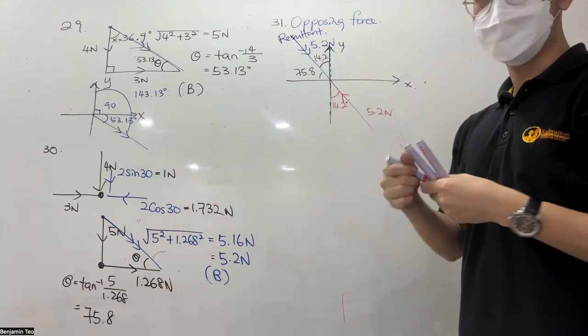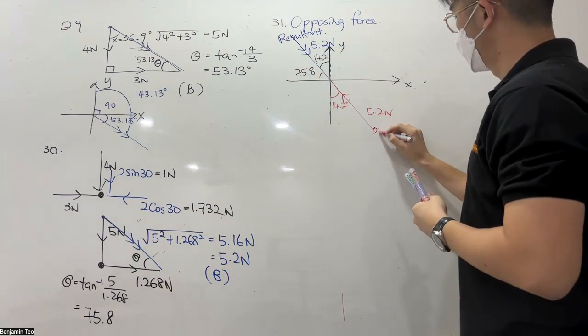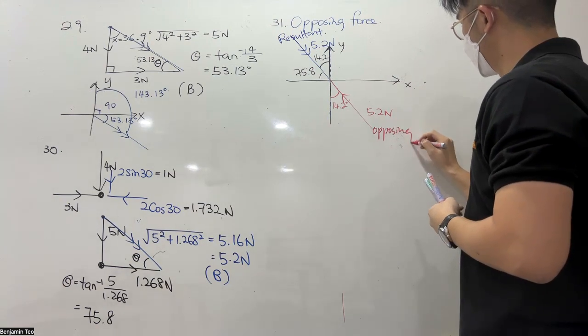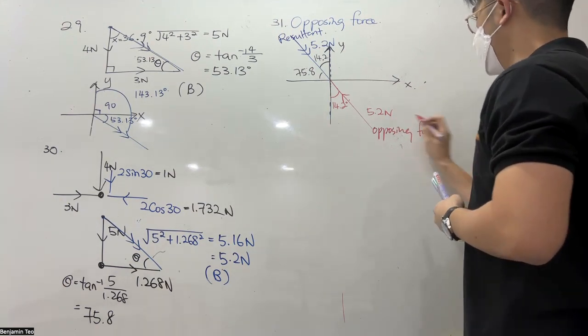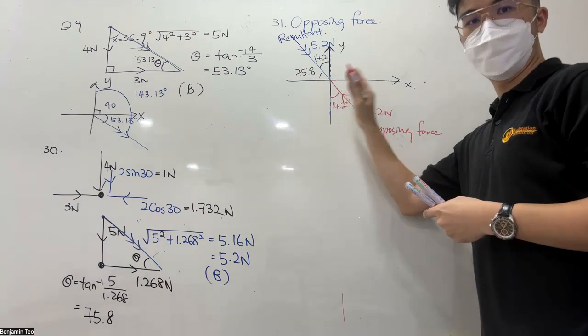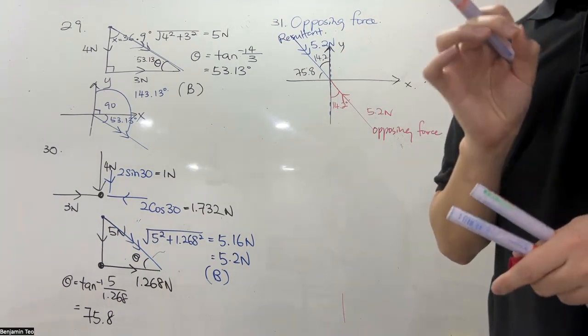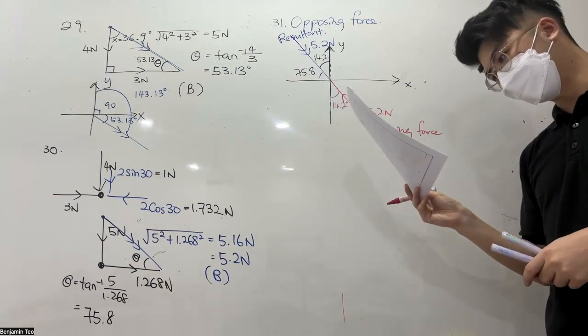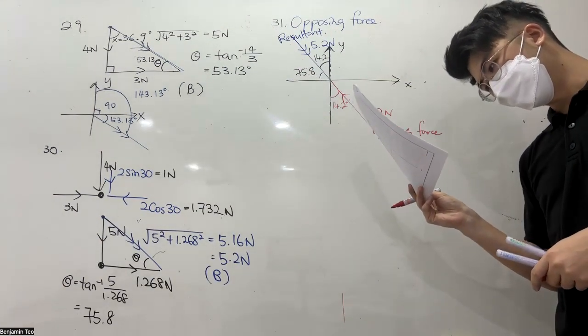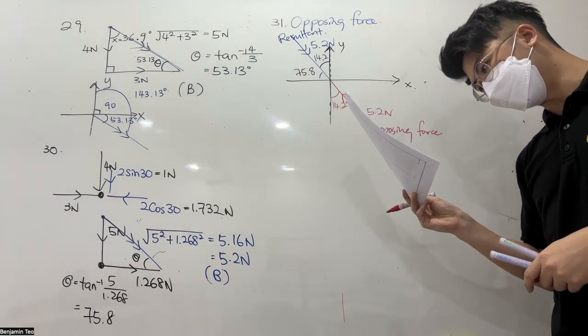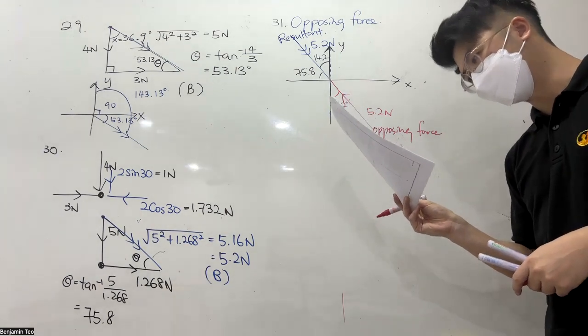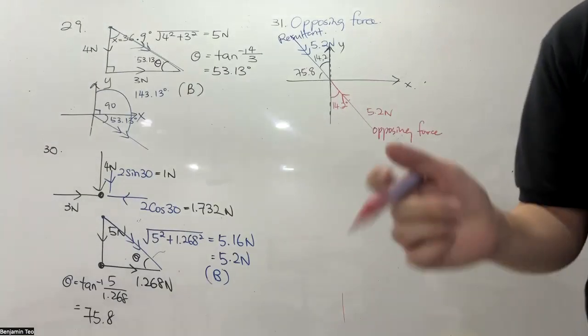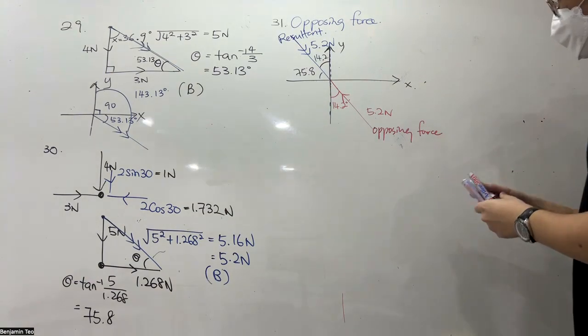So you want to balance it, you need an opposing force of 5.2 like this. Okay, so you know the magnitude, it has to be 5.2. What about the direction? 14.3 and 345.7.